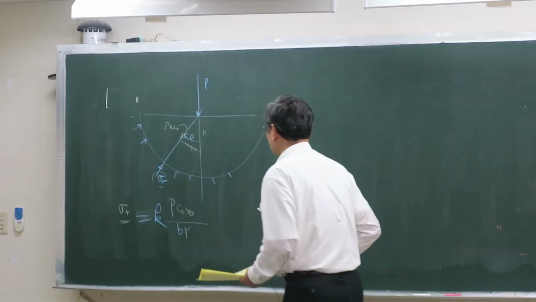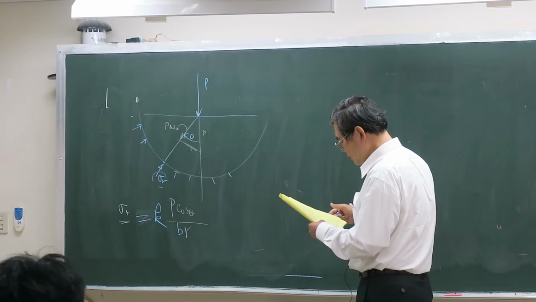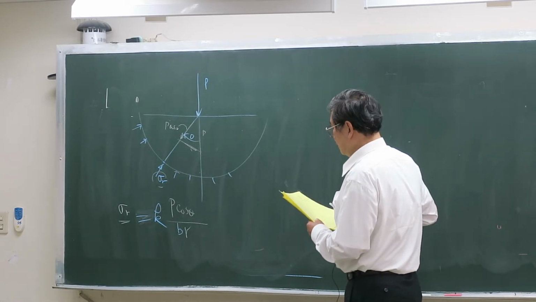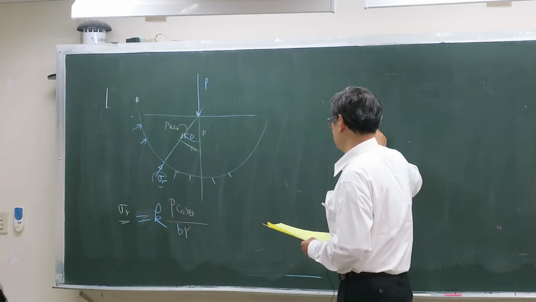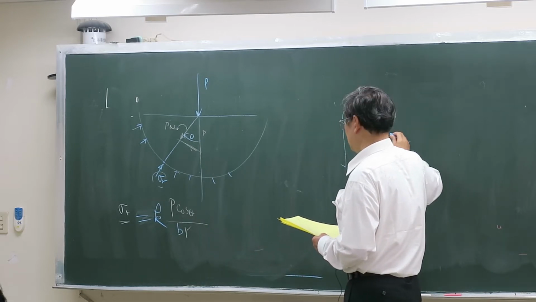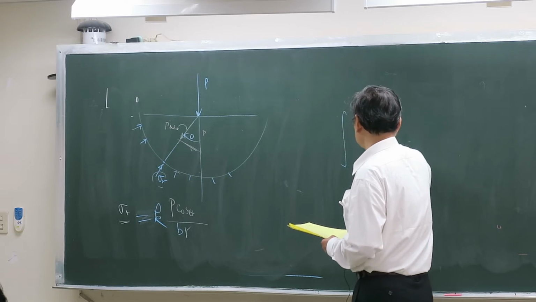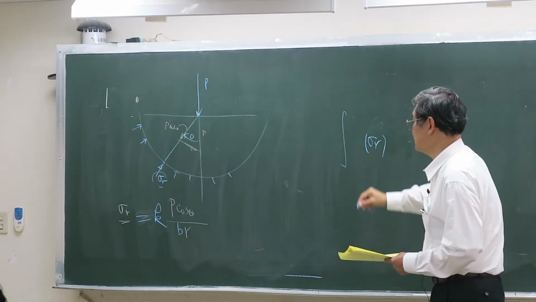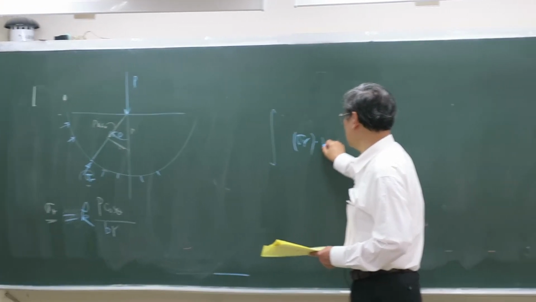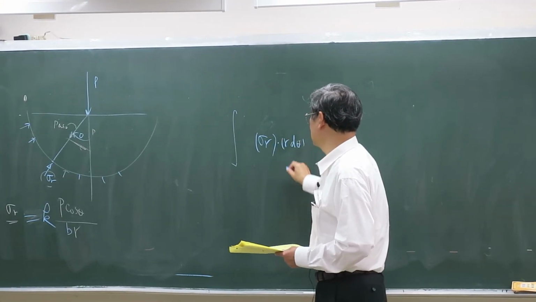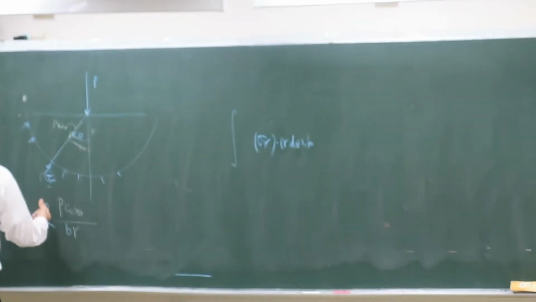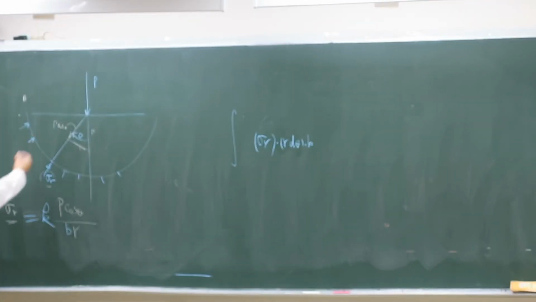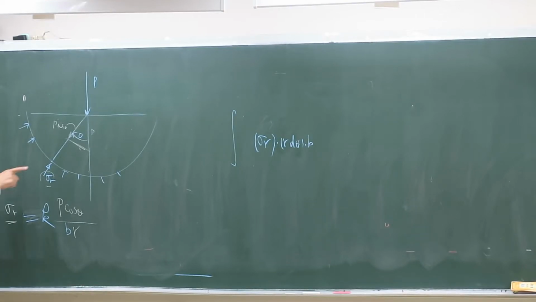So for the integration, the sigma R, the stress, times R d theta, and times the thickness B will be the force in the vertical direction. Right? The stress times the element area.